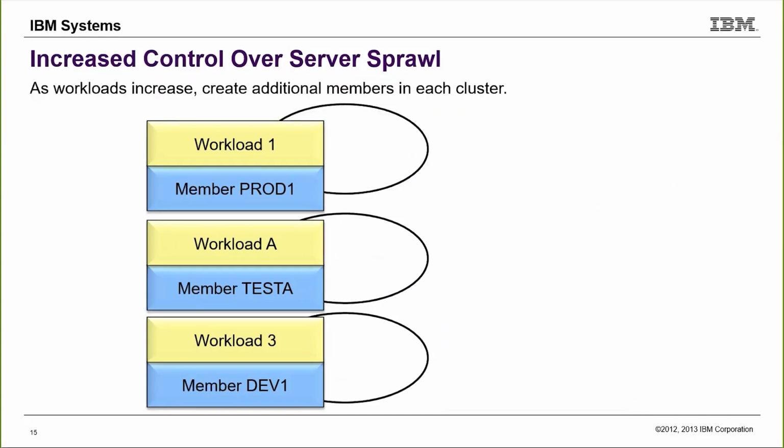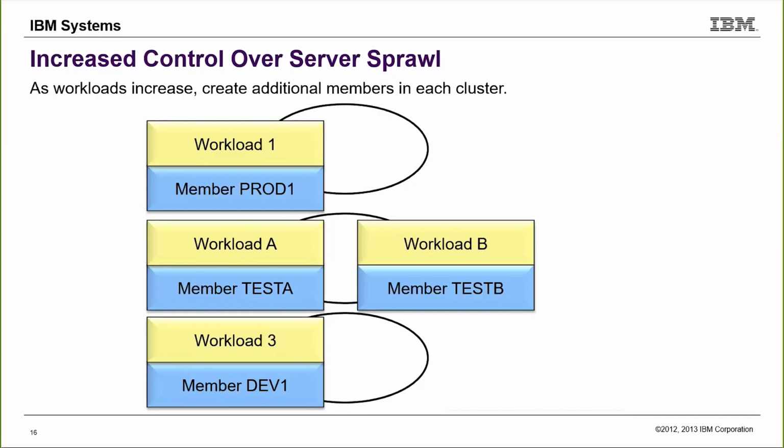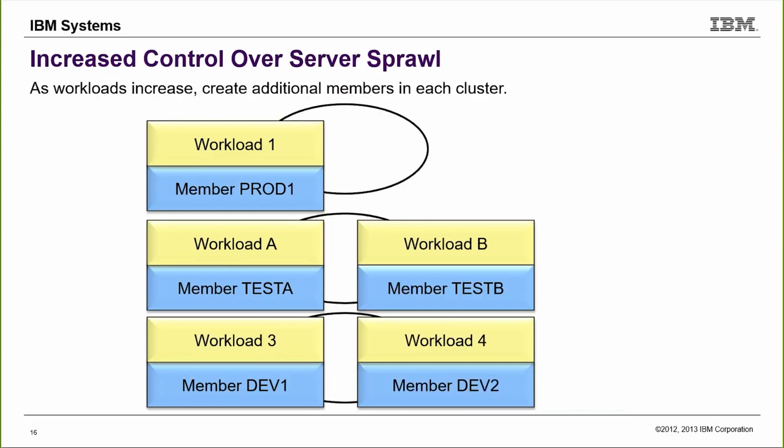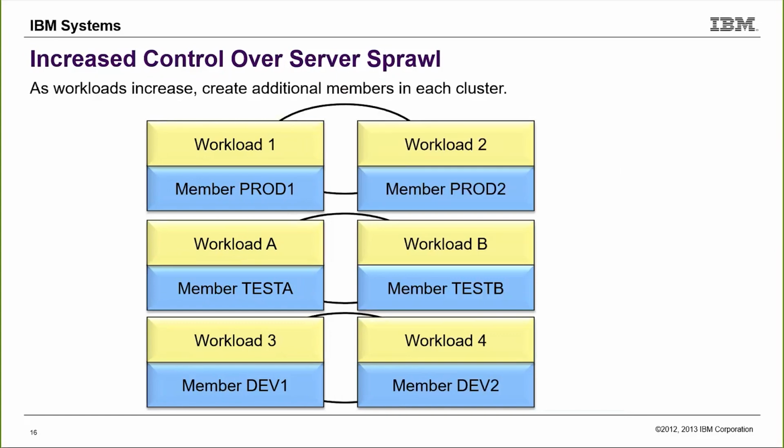And then what I can do is, as that virtual server sprawl starts, as the systems are growing or increasing in size, or I want to take advantage of some of the other things of SSI, that's when I can start spinning up a second member, a second LPAR for each of these clusters. And I could continue and go further and maybe add a third or a fourth member, depending on how large things grow, how heavily I want to use SSI and LGR, and also to some degree, what hardware I have available.